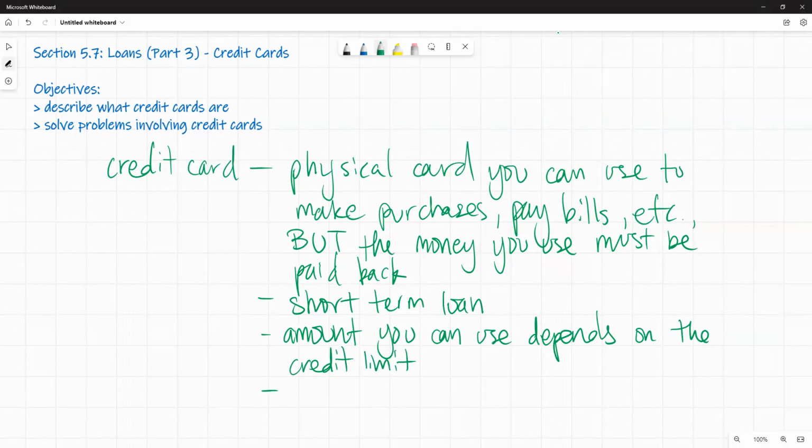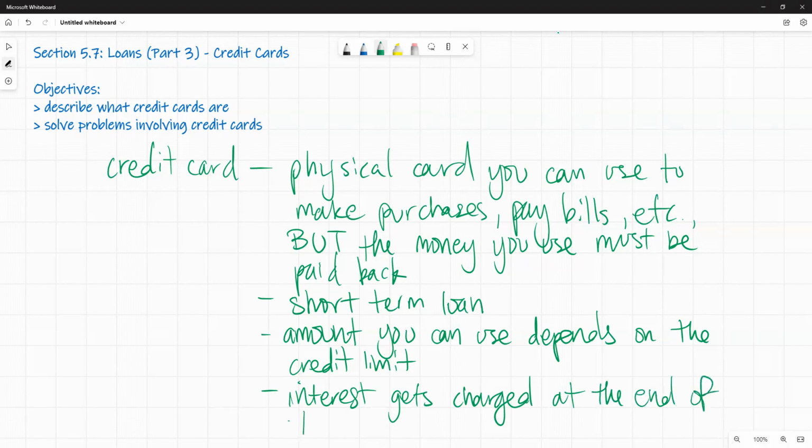So that means that once you hit $500 on that credit card, on that loan, then you can no longer use that credit card until you've paid it off, okay? And then interest gets charged at the end of the month.